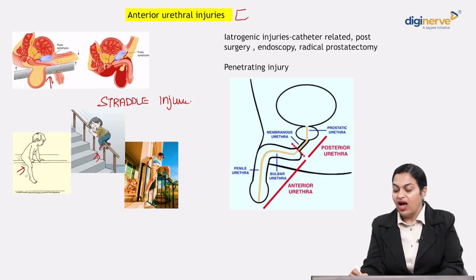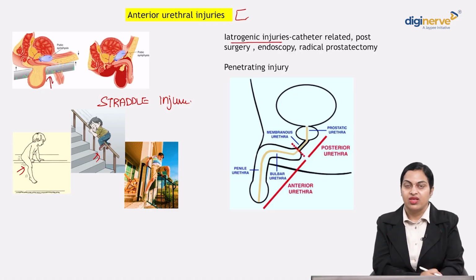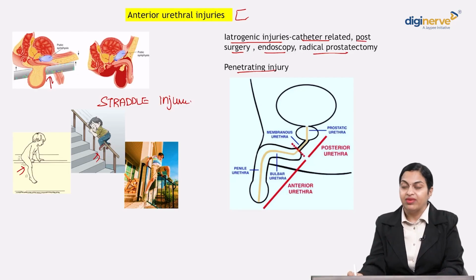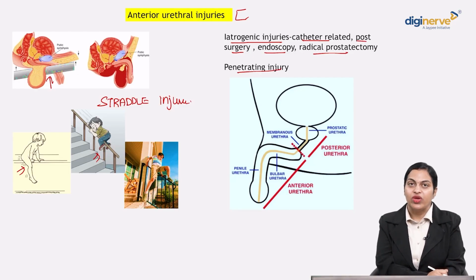Other than that, iatrogenic injuries, catheter related, post surgery, endoscopy, radical prostatectomy, and penetrating injury can also injure the anterior urethra.